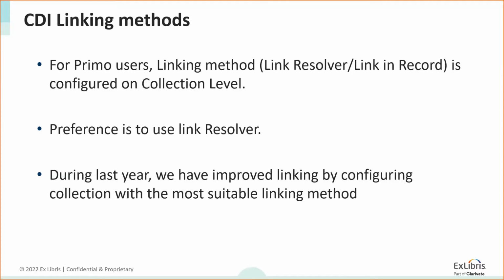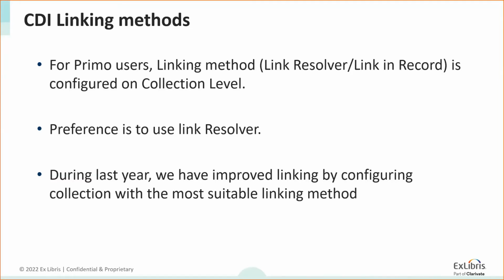But as we know, in CDI we have not only academic journals and book chapters, but also much more content that we want to expose to our users, such as videos, newspapers, articles, archival material, and so on. This is also what's available for us as libraries from the content providers.